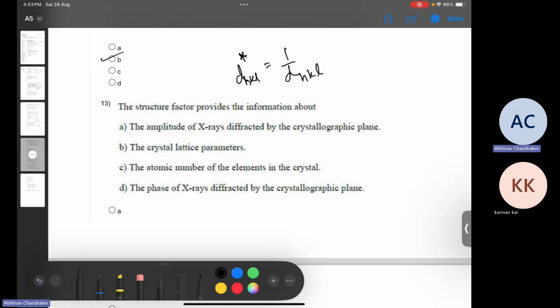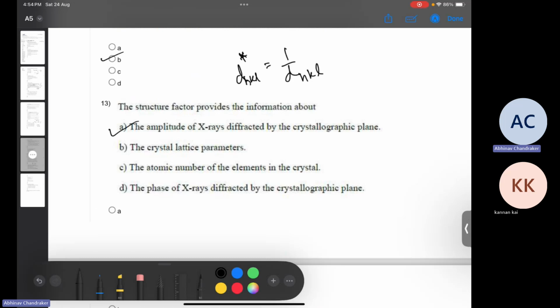By intensity we can say that it tells you about the amplitude of the diffracted beam.